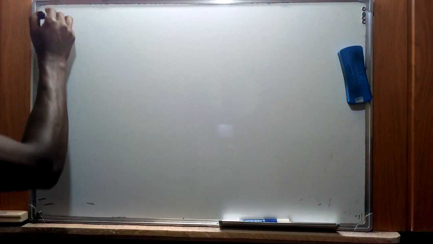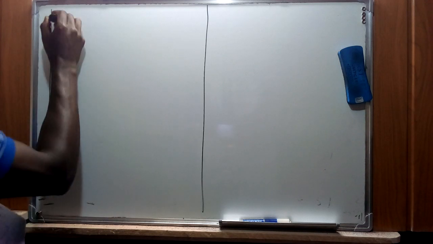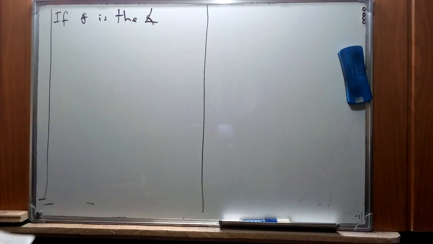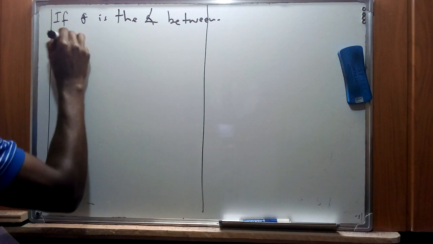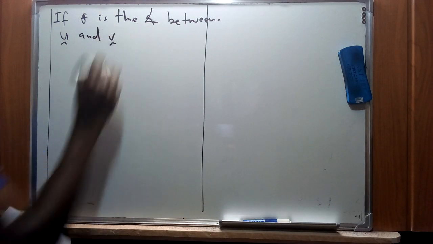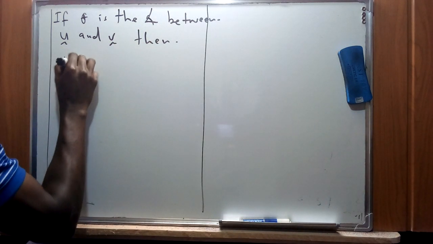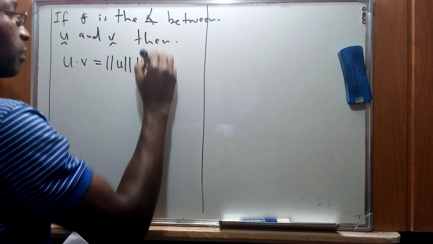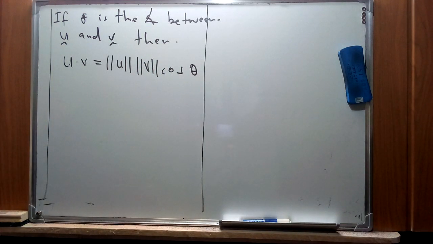Now, if you look at this particular case, we said that if theta is the angle between two vectors in a three-dimensional space, u and v, then the dot product u dot v can be given as the norm of u, the norm of v, and then cosine of theta, which is the angle between those two vectors.